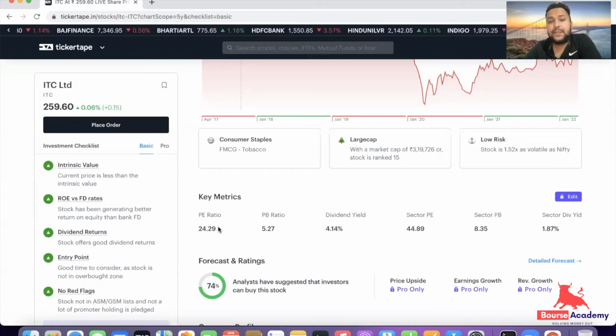In simple terms, to earn 1 rupee, how much money you are investing is known as the price to earning ratio. For example, the ITC stock, which is at a PE of around 24.2, means you are investing 24 rupees and 30 paise to make 1 rupee from the ITC stock. So this is a very important phenomenon which all of you should note.